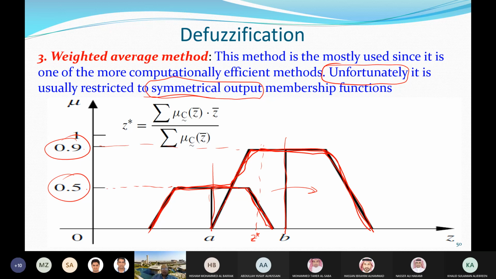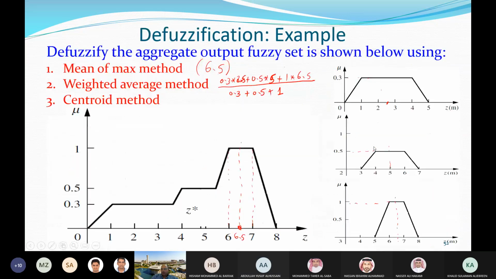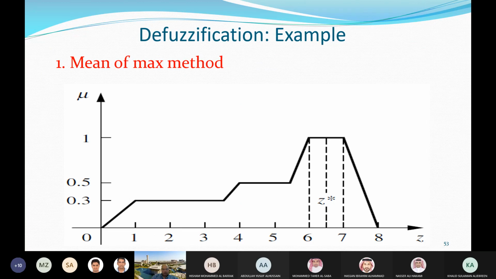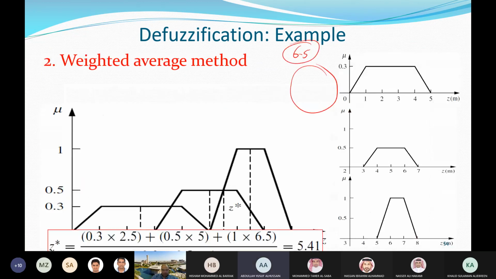But if you have an unsymmetrical shape, we are not going to use the weighted average. By default, the method that can give you better, smooth output is the centroid, which we will discuss now. Okay, thank you. So it is restricted to symmetrical output.